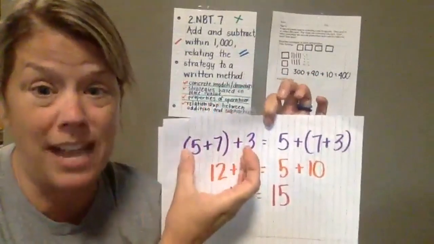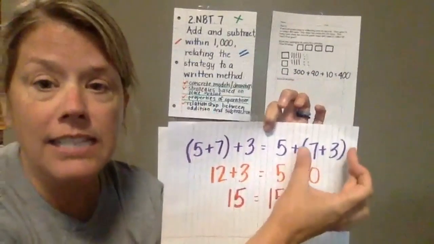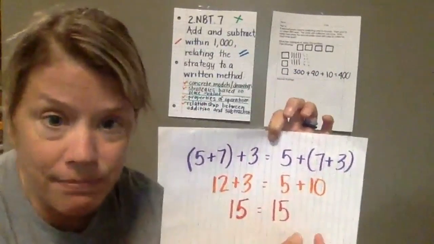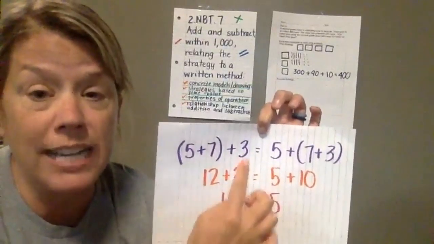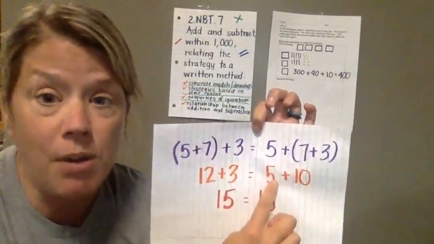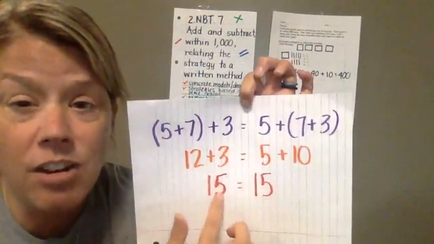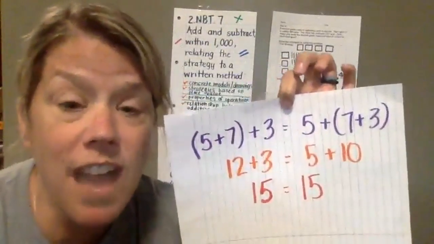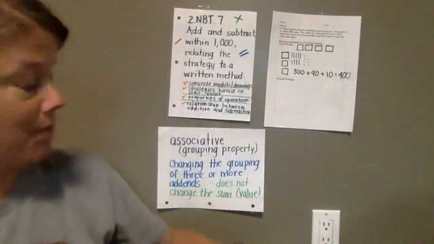So that's why we have 5 plus 7 is 12, and 7 plus 3 is 10, because we grouped them that way. So here we end up having 12 plus 3, because we brought our 3 down, has the same value as 5, brought it down, plus 10. And when we add these together, they both are the same value as 15. So that's what the associative property means.